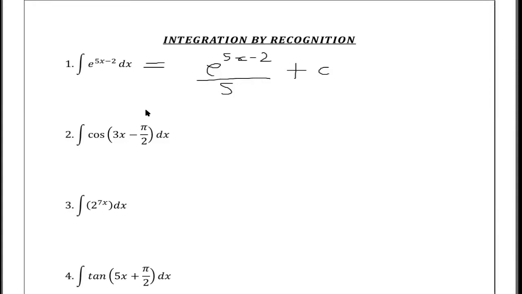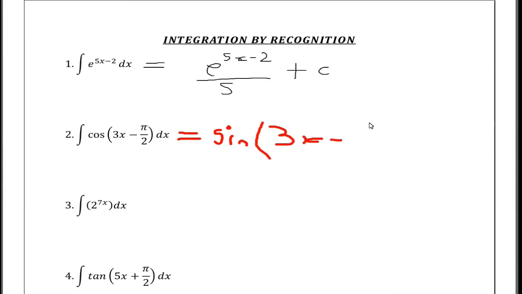Now, this one, you're integrating cos. When you differentiate sine, you get cos. So when you integrate cos, you get the sine of all of this, which is 3x minus pi by 2.